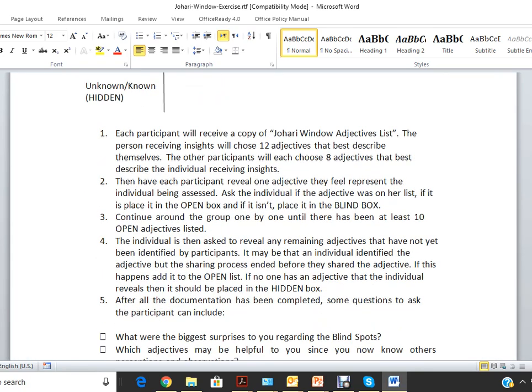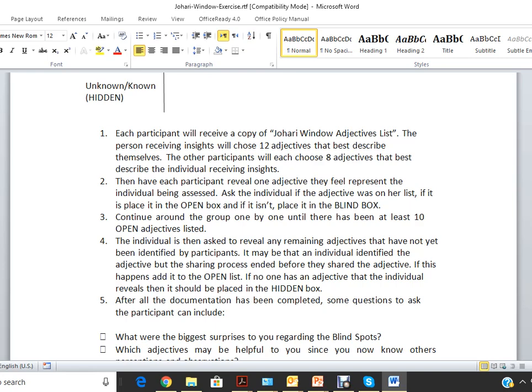And here, then, you should have each participant reveal one adjective they feel represents the individual being assessed, and then ask the individual if the adjective was on her list.